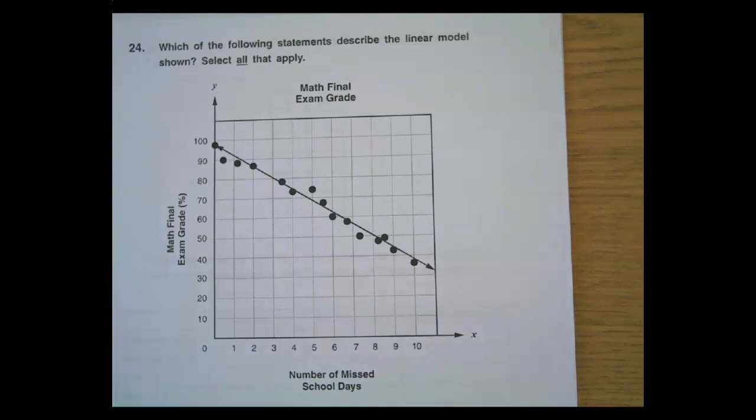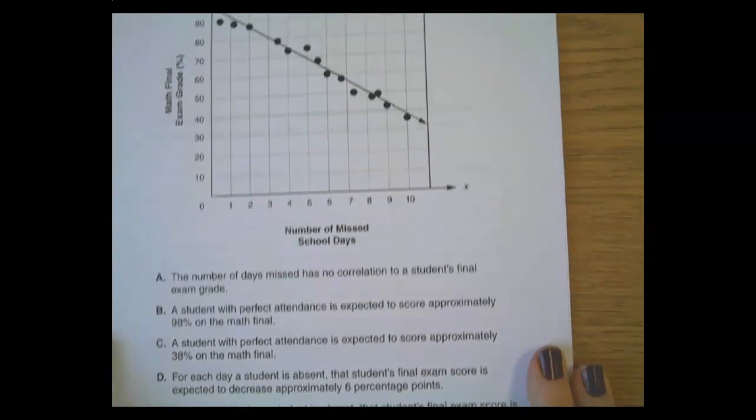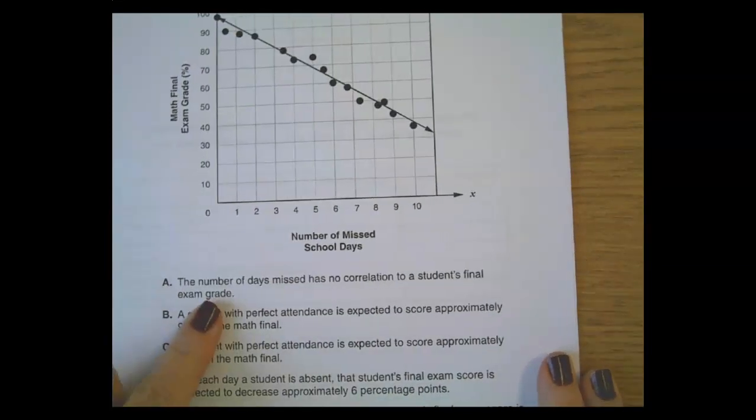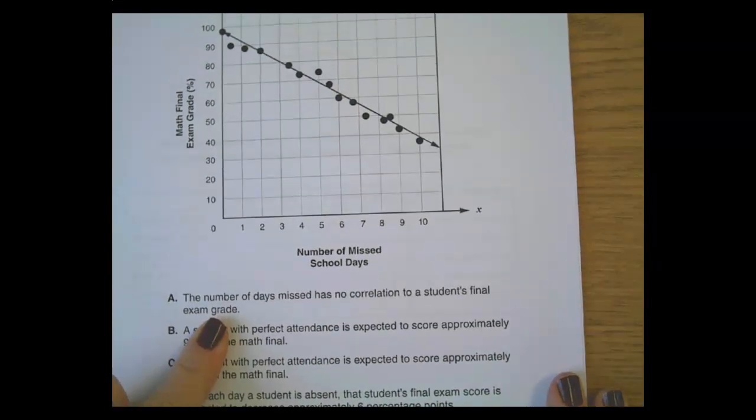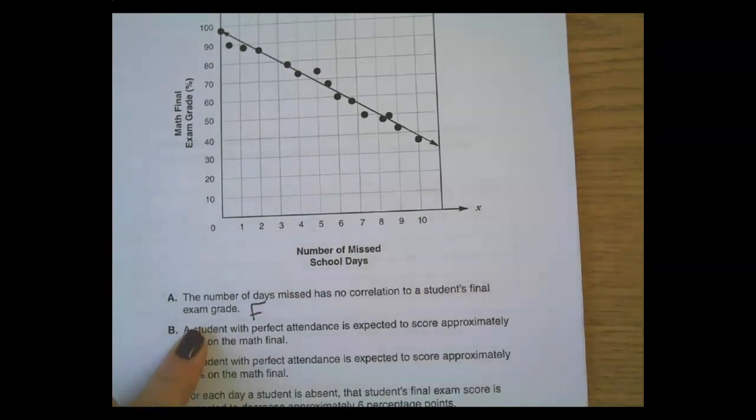Okay, we've got this nice trend line here, number of days missed, and they're great, so we should know some of these things. Select all that is true. The number of days missed has no correlation to a student's final exam grade. Well, that's false. There is definitely a trend there.